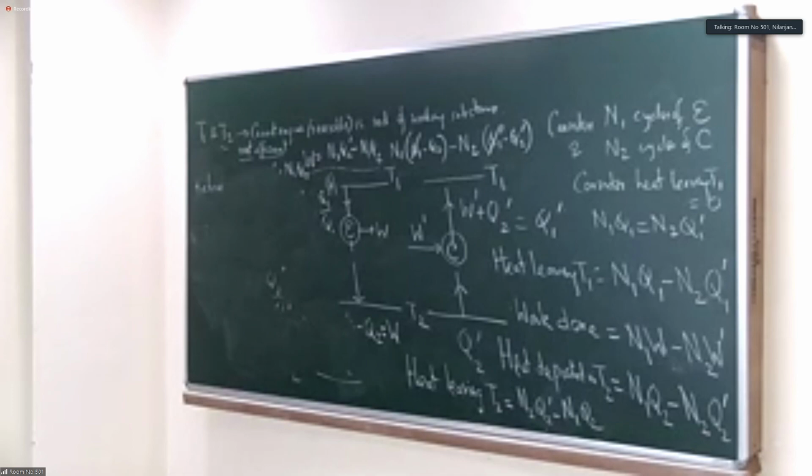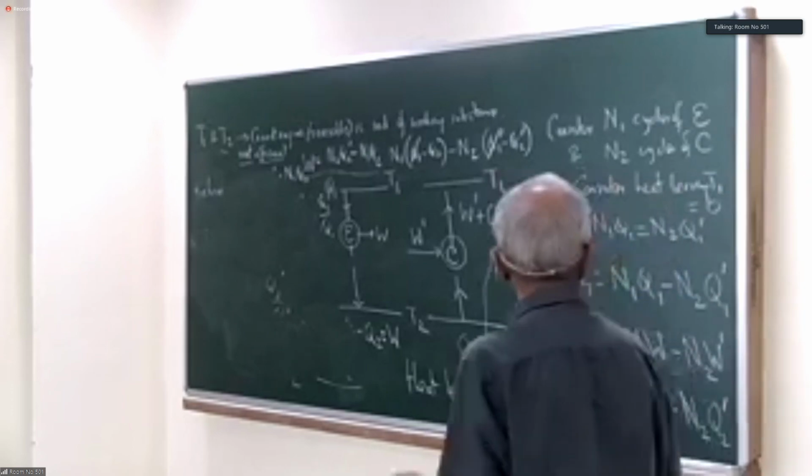I can always, given any Q1 and Q2, choose a set of integers which are large enough so that this relation holds between them.